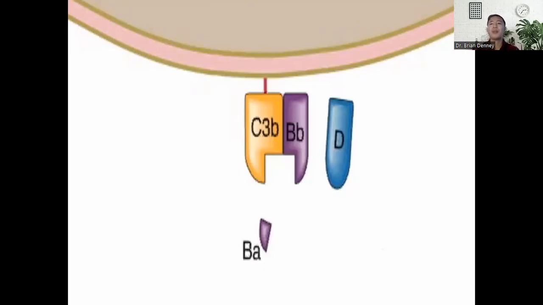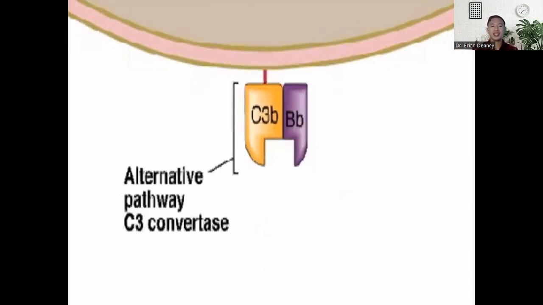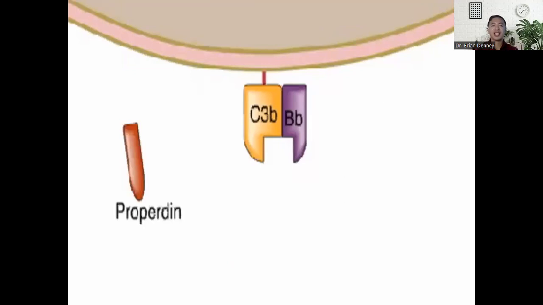Very good, properdin. Can you say properdin? That is properdin. Now, properdin binds itself to C3bBb, forming another complex we call C3bBbP, which is also termed the stabilized C3 convertase.